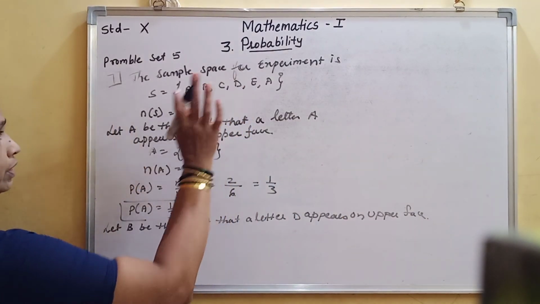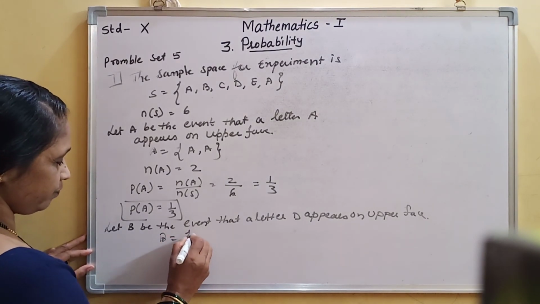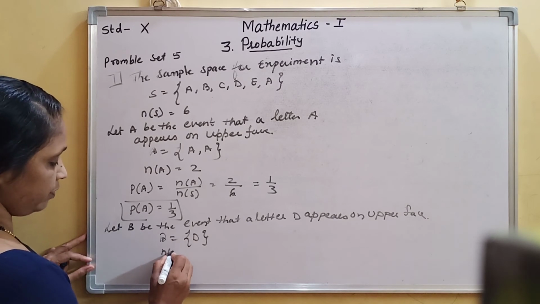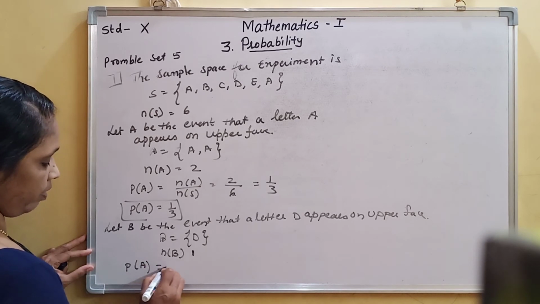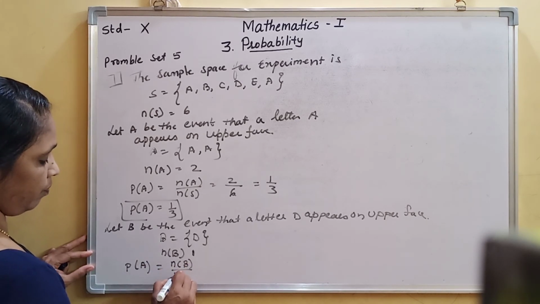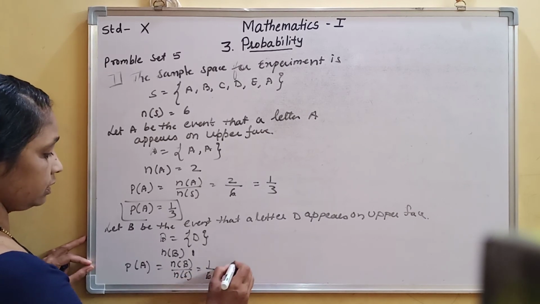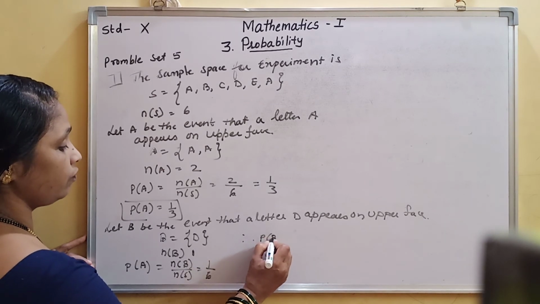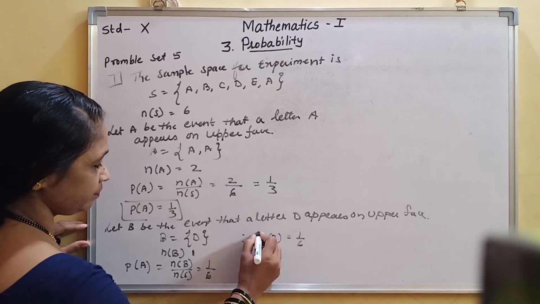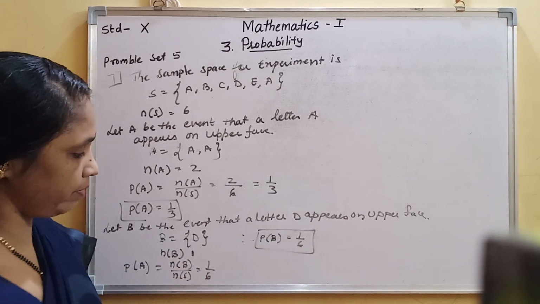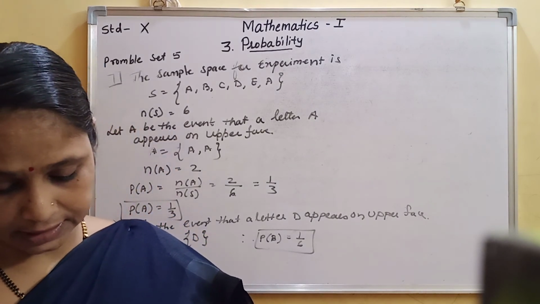D appearing on the upper face will be 1, so B is equal to D and n(B) is equal to 1. The probability of B will be n(B) upon n(S), which means 1 by 6. Therefore the probability of getting D on the upper face is 1 by 6.